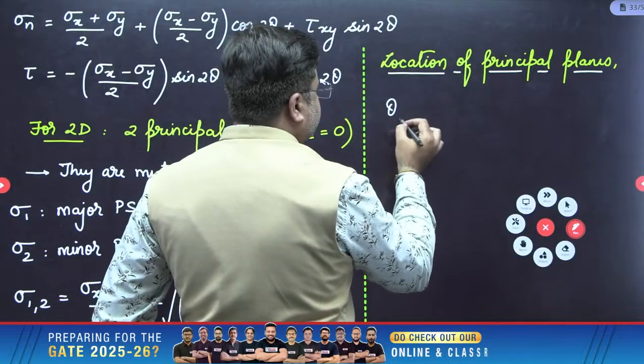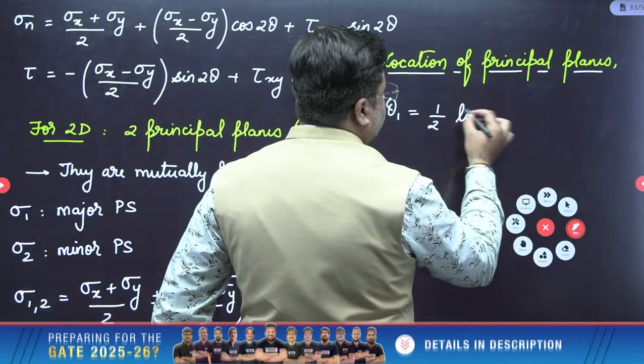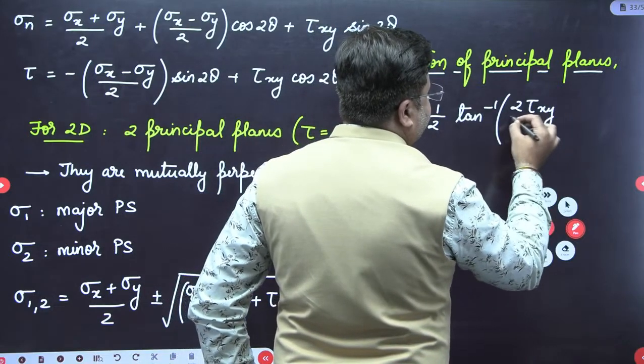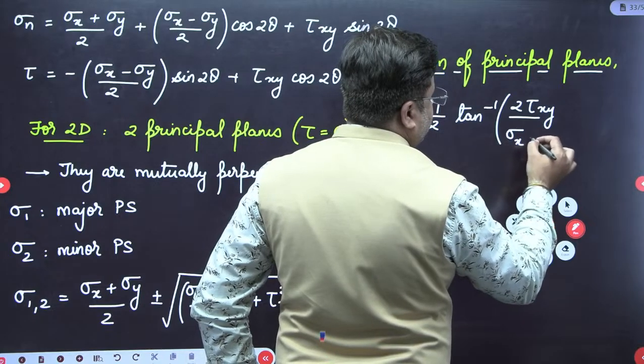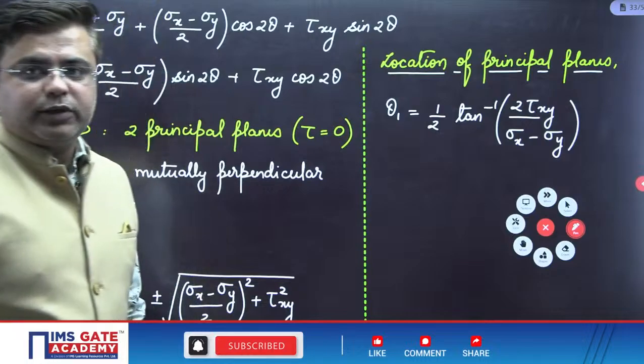So theta 1 is equal to 1 upon 2 into tan inverse of 2 tau xy upon (sigma x minus sigma y). This is the location of the first principal plane.